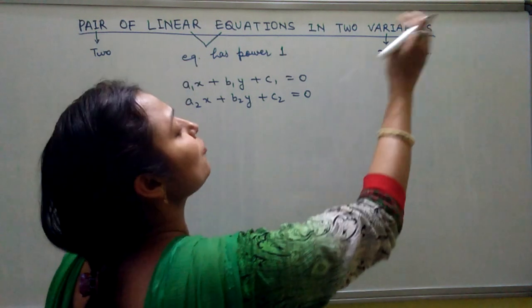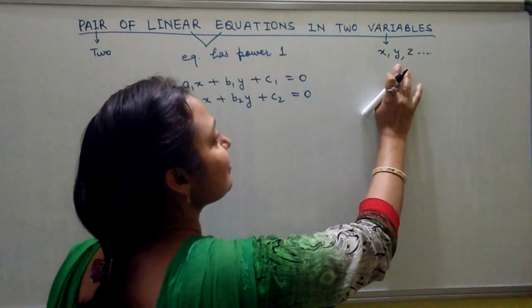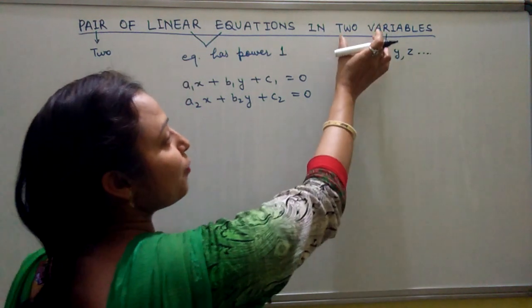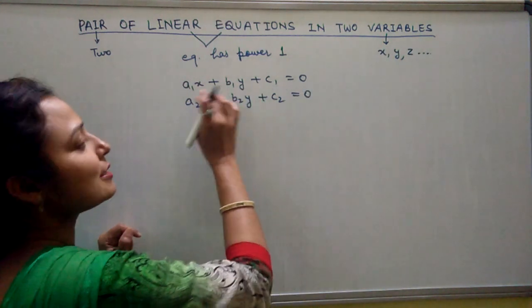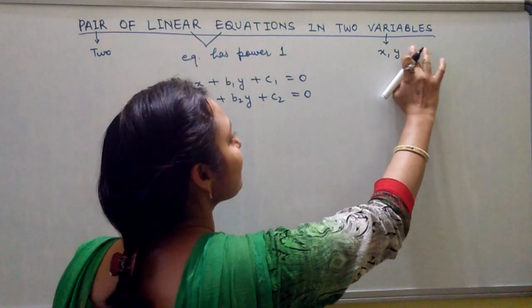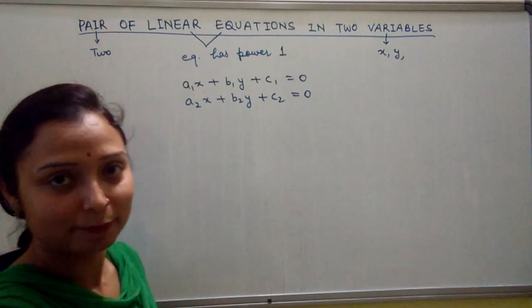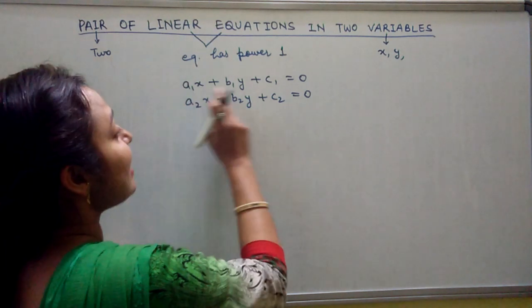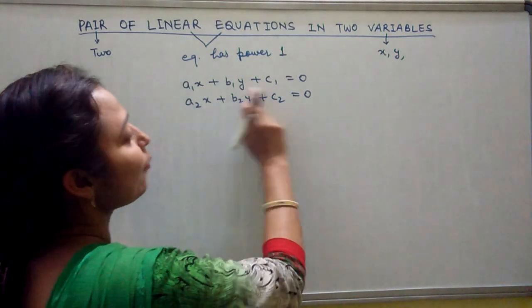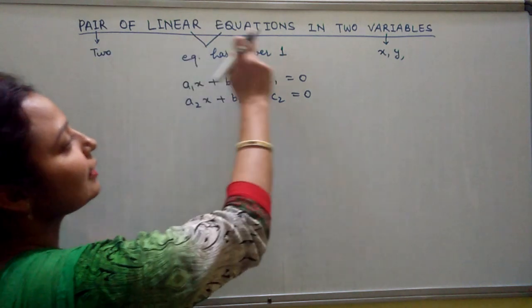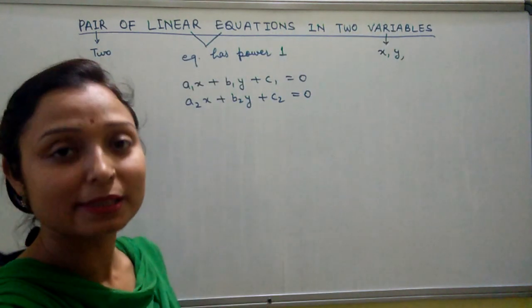We can take any two variables, either x, y or y, z, but we will talk only about x and y. So there are two equations in two variables x and y, that is a pair of linear equations in two variables.